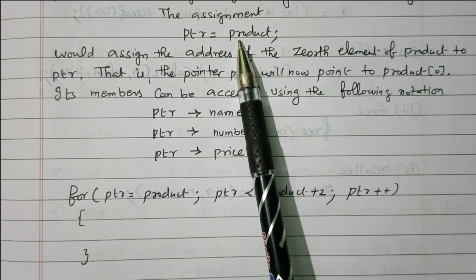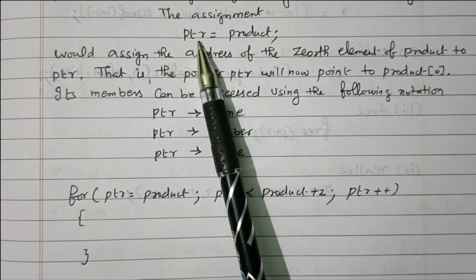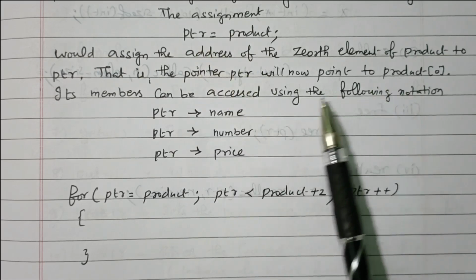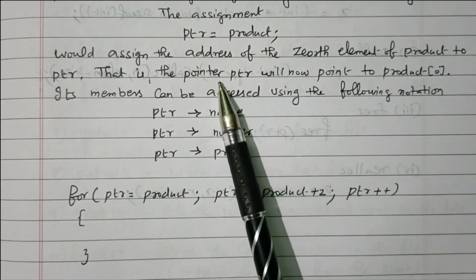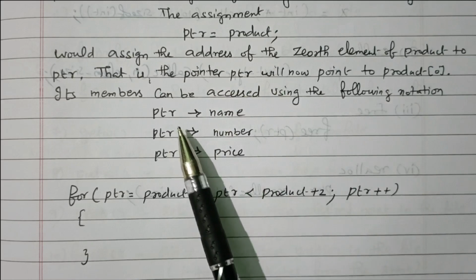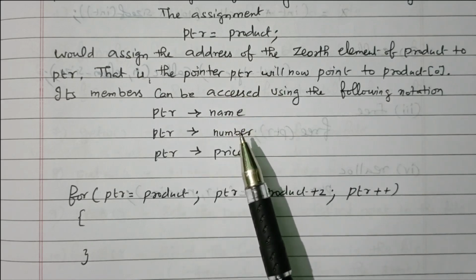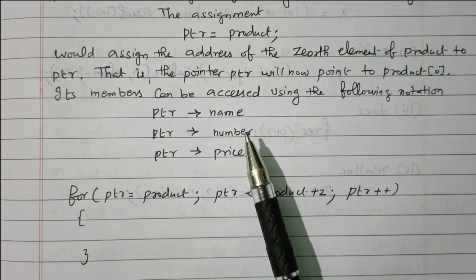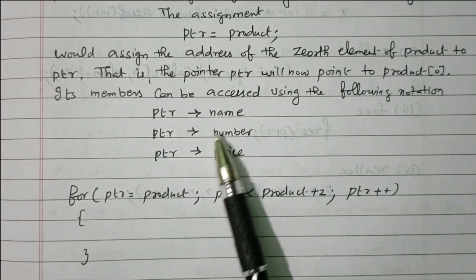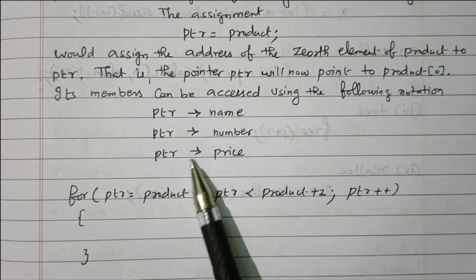Two variables are there, product[0] and product[1], and that is assigned to the pointer. What is the meaning? The pointer will now point to product[0], and these three variables are assigned in the address using the pointer. They can be referred to using the pointer name, pointer number, with this arrow mark.